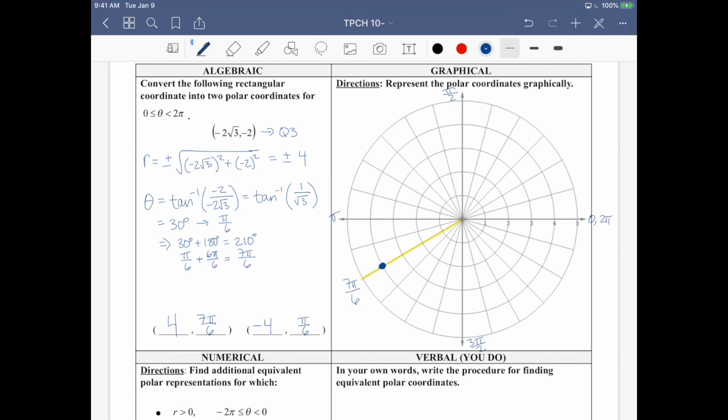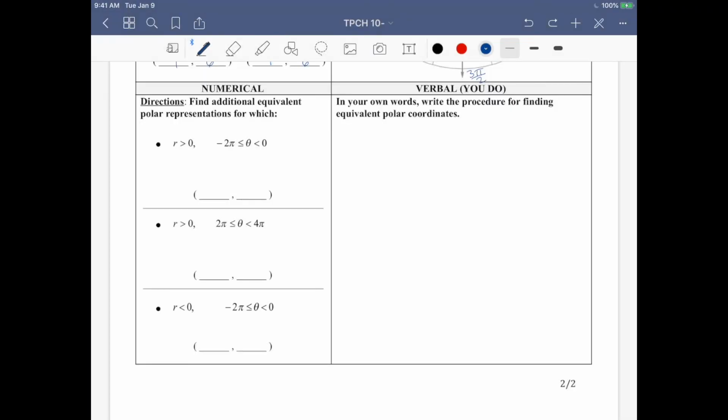Now let's move on to the numerical. So the numerical directions say find additional equivalent polar representations for which r, the radius, is positive and theta is between negative 2 pi and 0.